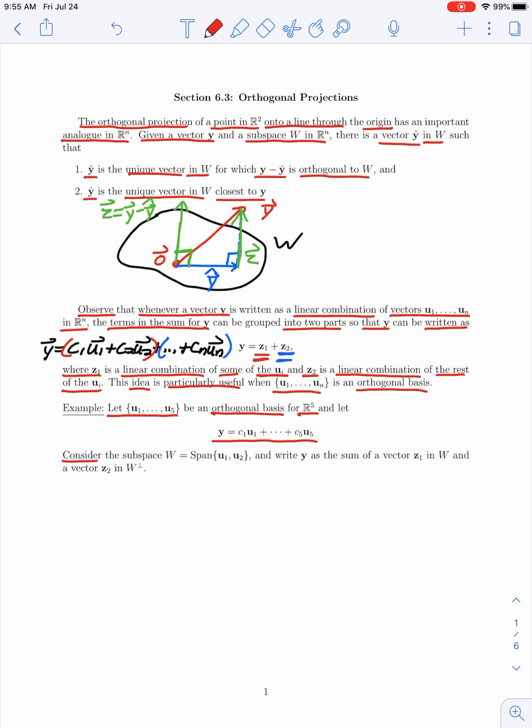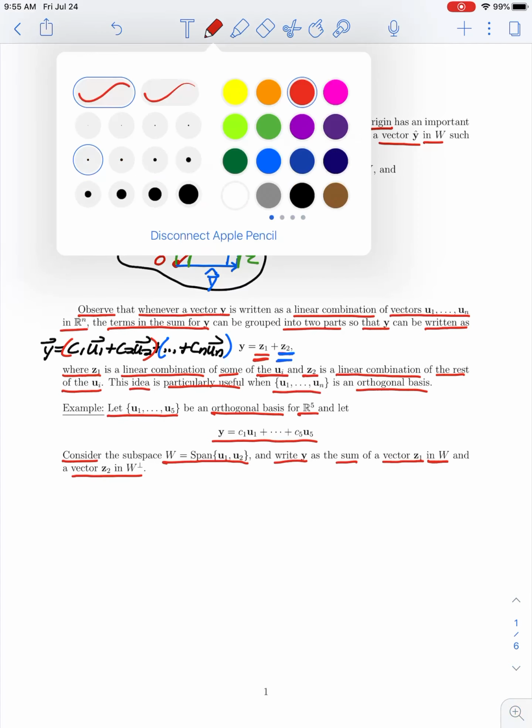And then let us consider the subspace W, which is spanned by the first two basis vectors, u1 and u2. And we're supposed to then write y as the sum of a vector z1, which lies in W, and a vector z2, which lies in the orthogonal complement of W. So let's see how this would work.